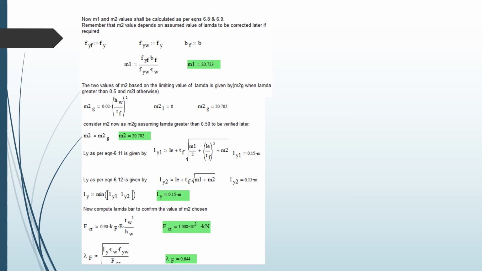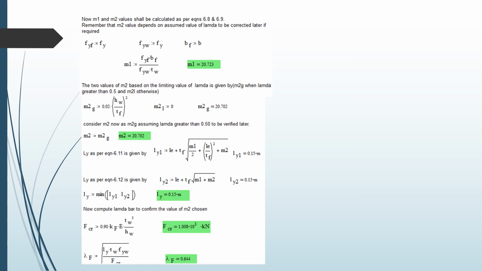In our case, we assume that lambda is greater than 0.5. Accordingly, m2 is calculated as 0.02 into (hw by tf) the whole squared. So we obtain m2 as 20.702.